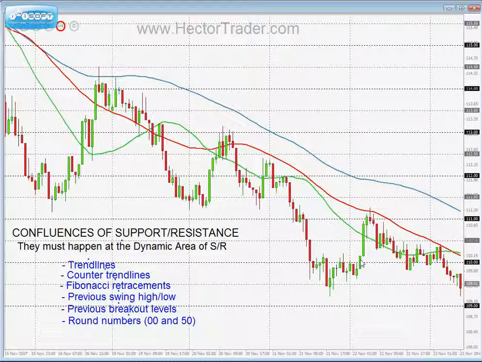Well, this was one of them, the confluences of support and resistance around the dynamic area, and always in a trending scenario. Once you have those 3 conditions, a trend, a dynamic area of support and resistance, and then a confluence within that area, any bounce off that level, as you confirm the turnaround, that's a high probability trade. 70% of your trades, 80%, 65, 75, anything around there, they are going to become winner trades.